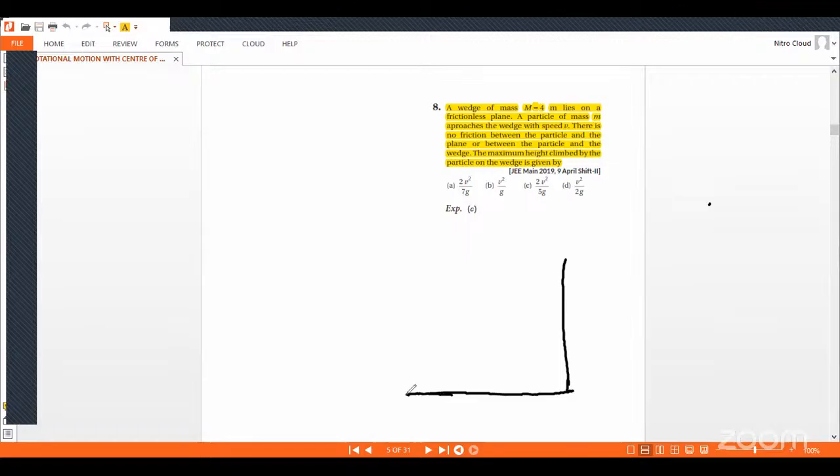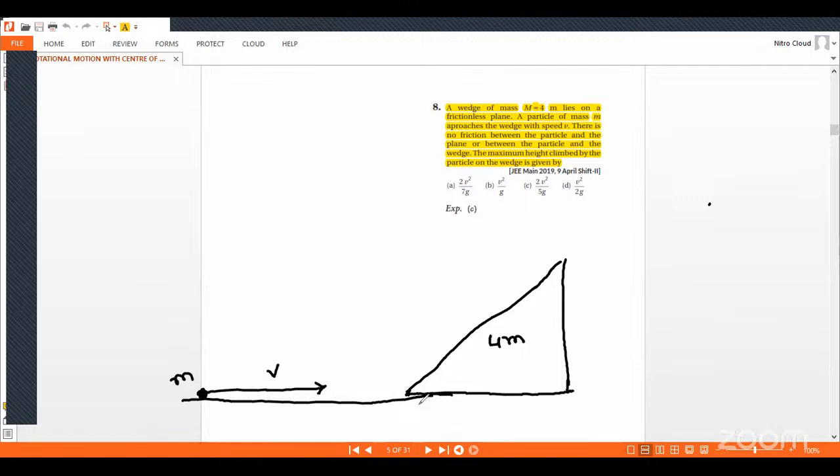Let us consider this is my wedge having a mass 4m, which lies on a frictionless plane. Suppose I'm having a particle of mass m that approaches the wedge with a speed v. There is no friction between the particle and the plane or between the particle and the wedge.